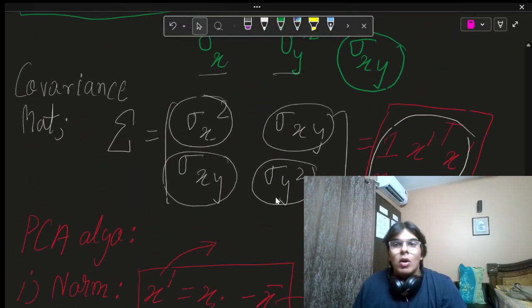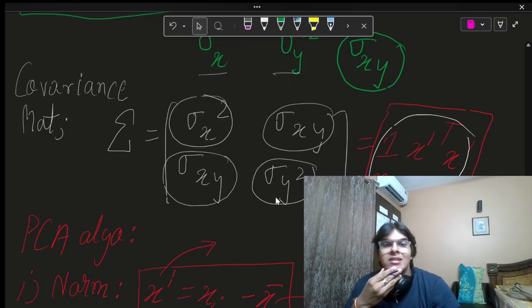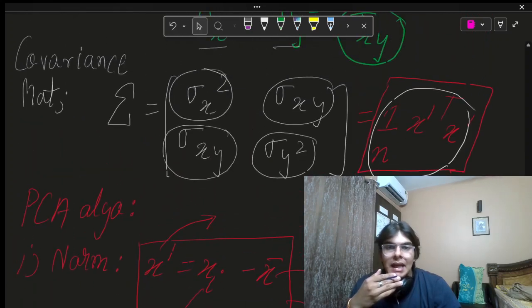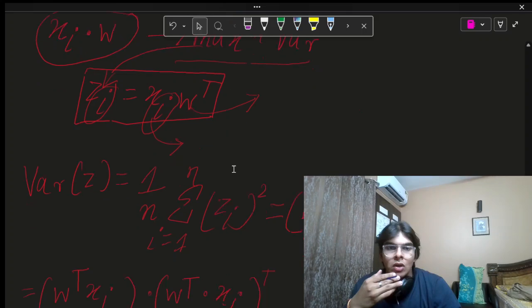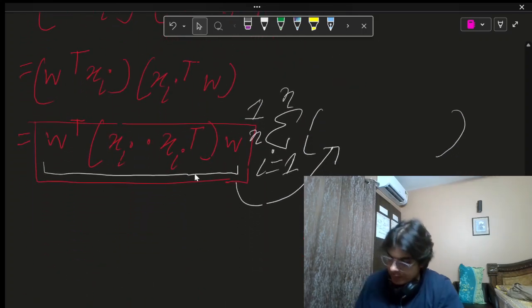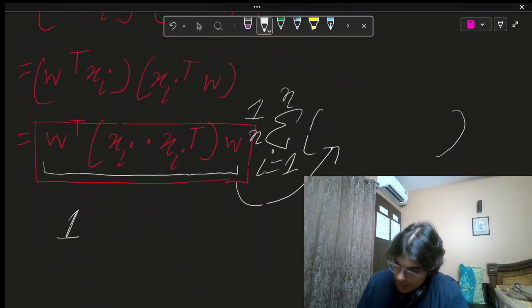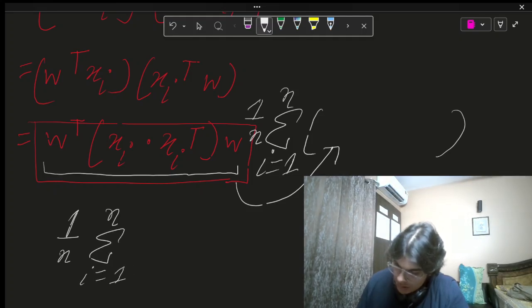So this is basically a mathematical simplification. You can skip it if you want to. I'm just trying to solve everything for you step by step. So we can replace this with the covariance matrix value right there. I've got 1 upon n, summation i equals 1 to n, then inside it I've got x of i multiplied by x of i transpose.